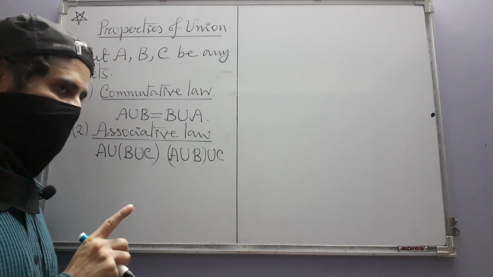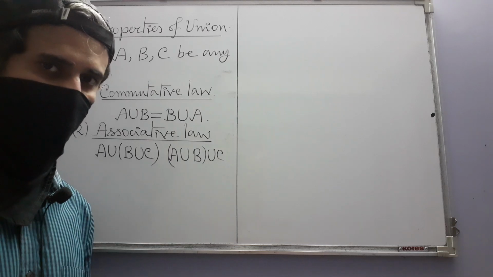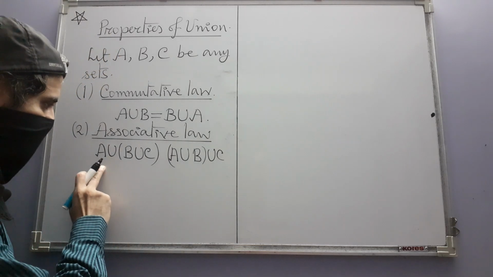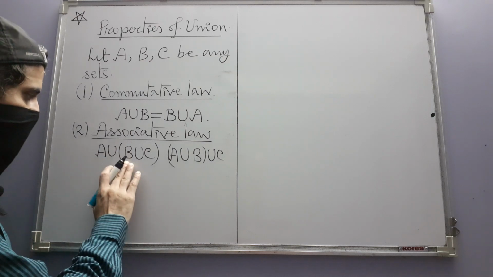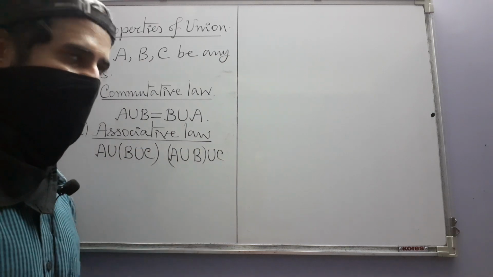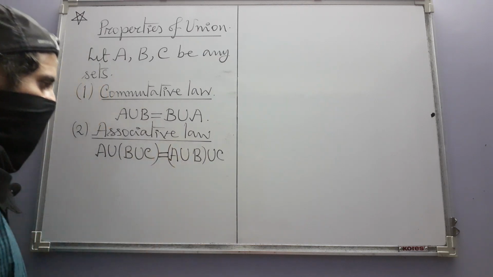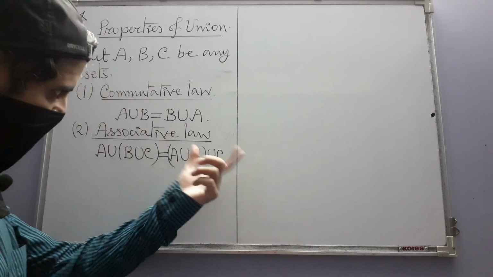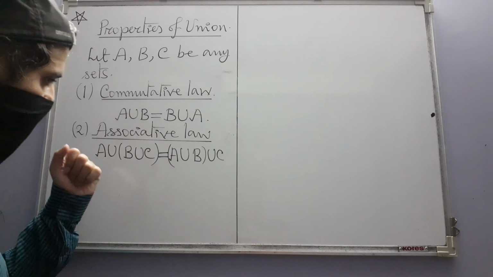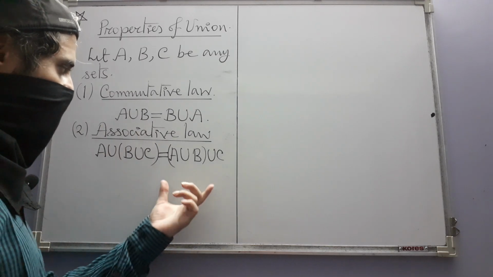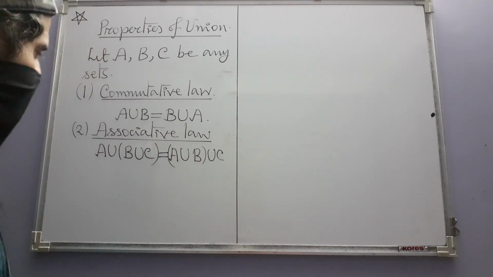So we have to unite two sets first, and then with the result we unite another set, and this can be done in one of these two ways if you keep the order intact, A, B and then C. And this law says that no matter which one you choose, you have the same set. So whether you take the union of A and B union C, or the union of A union B and C, you get the same set.